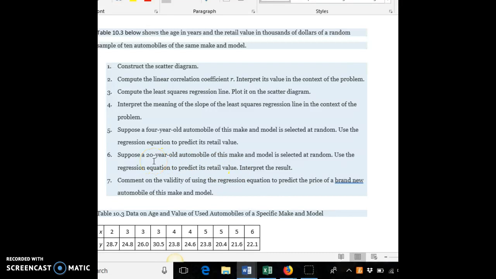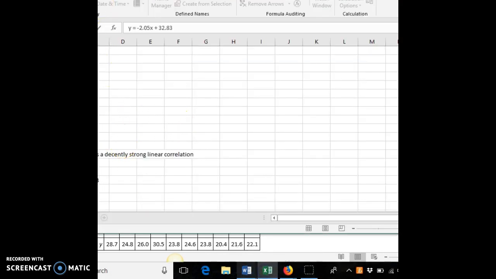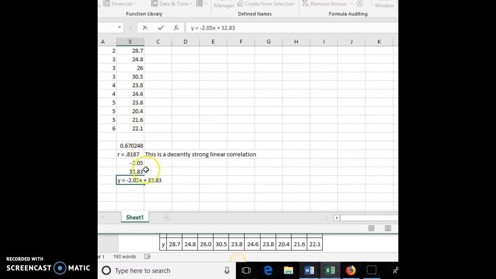All right, so let's take a look at 5. Suppose a 4-year-old automobile of this make and model is selected at random. We want to use the regression equation to predict its retail value. Since 4 is the year, that's our x value, so we're going to go to our equation and plug a 4 in for x here.